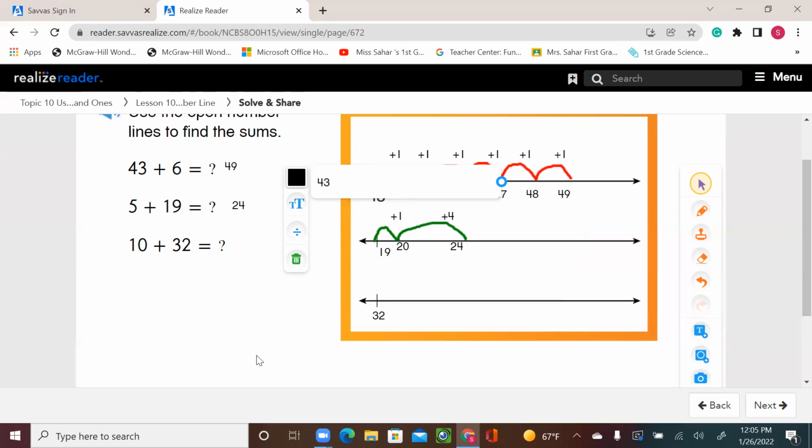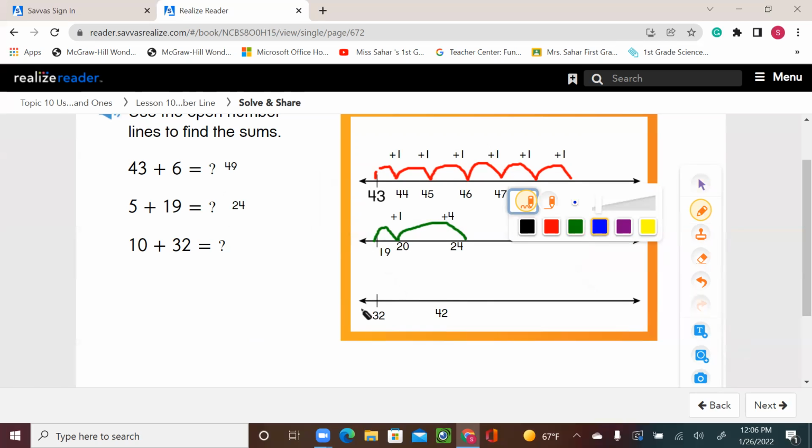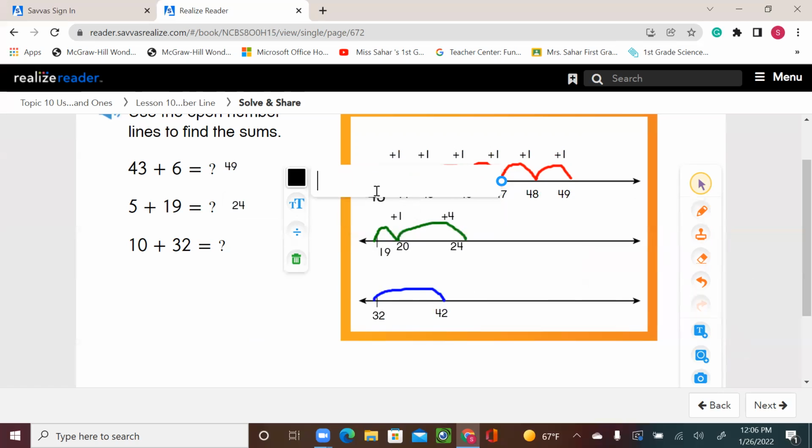So 32 plus 10 equals 42. I'm going to make one jump from 32 to 42. I'm going to write plus 10. That means one jump of 10. So 32 plus 10, 42. Let's write it down here.